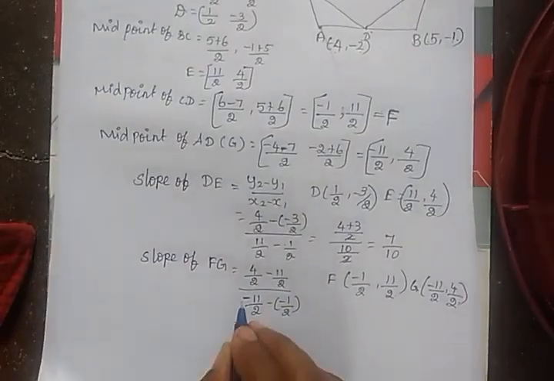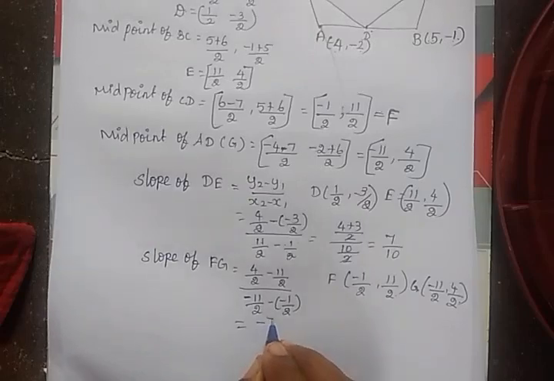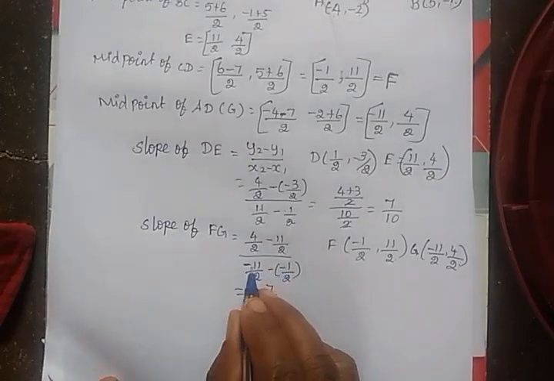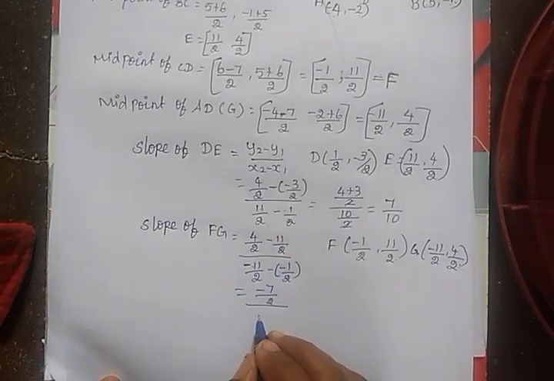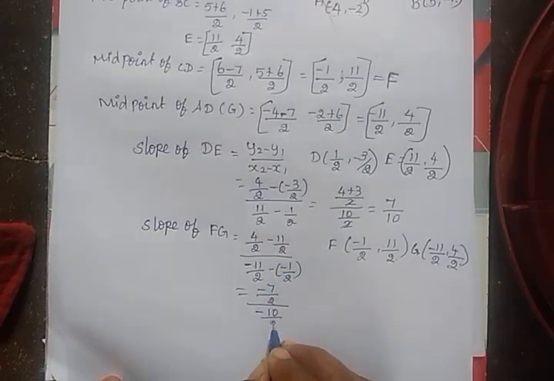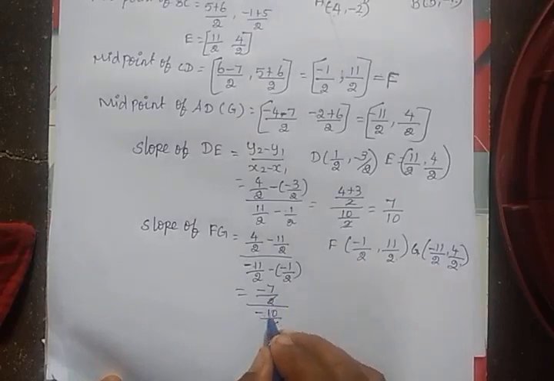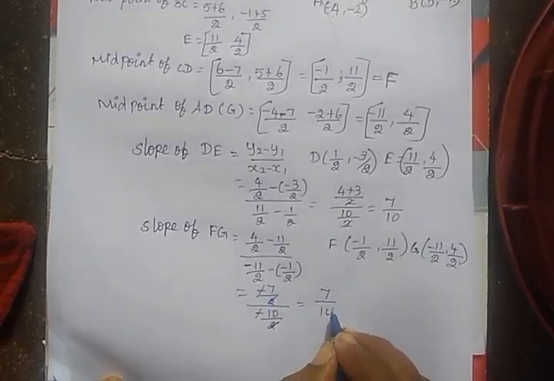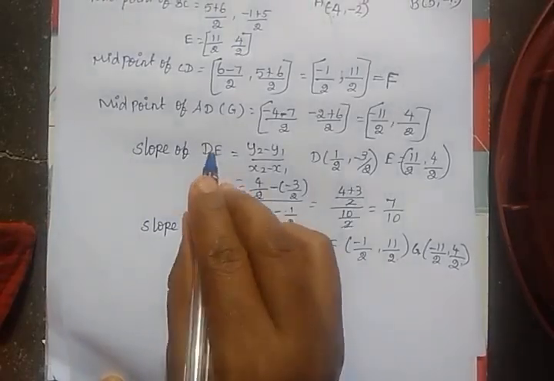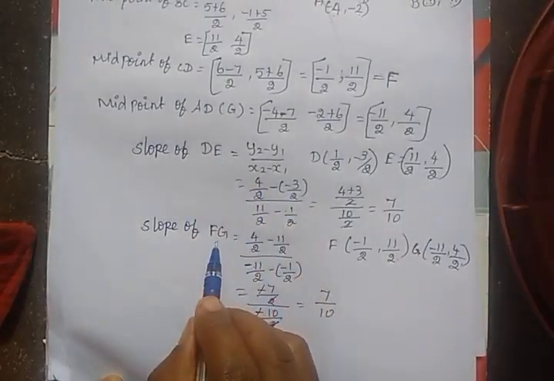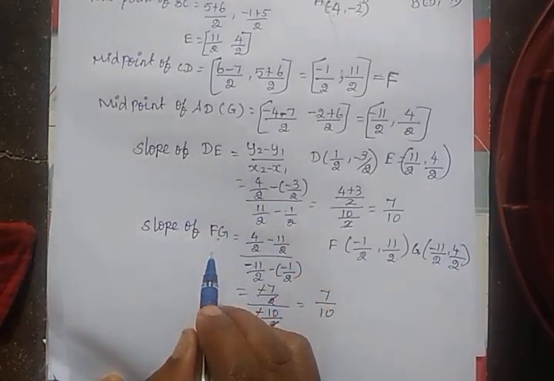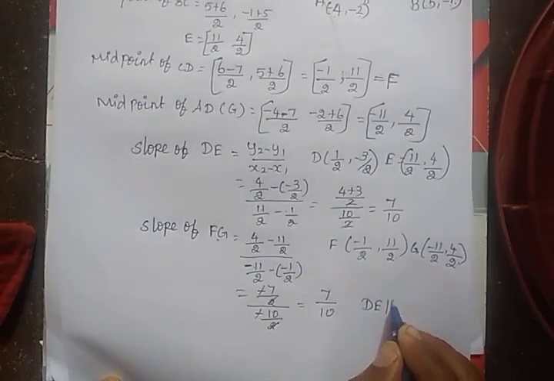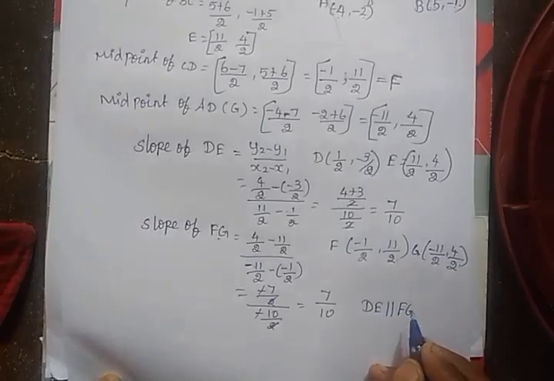So 4 minus 11 is minus 7 by 2, by minus 11 plus 1, that is minus 10 by 2. The denominators are cancelled, minus also cancel, so the slope is 7 by 10. Now the slope of DE and slope of FG are equal, so DE is parallel to FG.